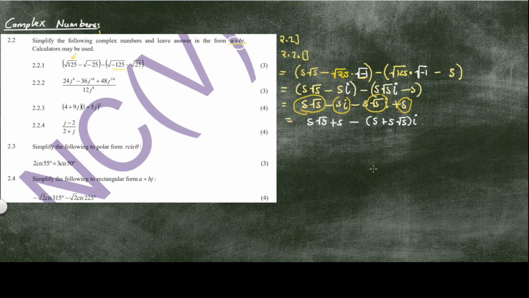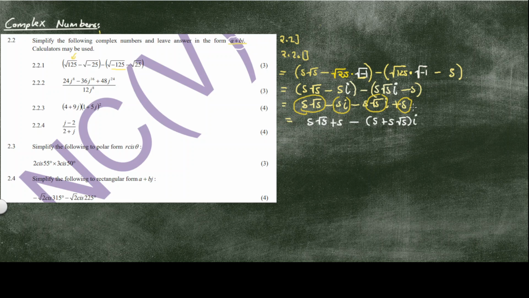So there's no need to write 5i plus 5 square root 5. I have to separate the i, put everything in a bracket, and the i must be at the end.